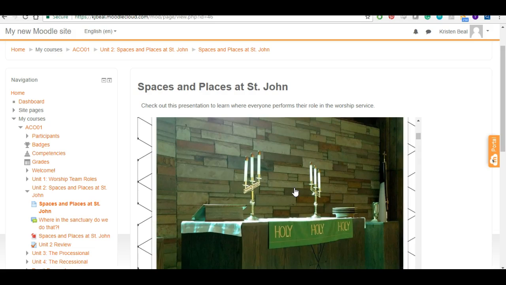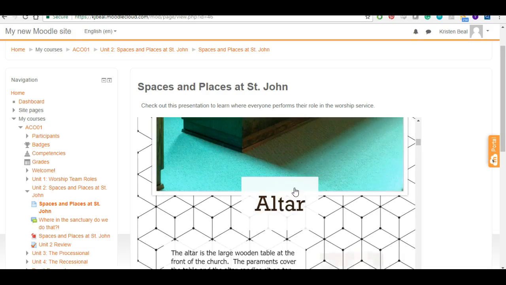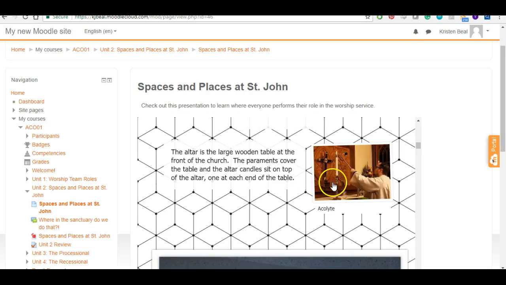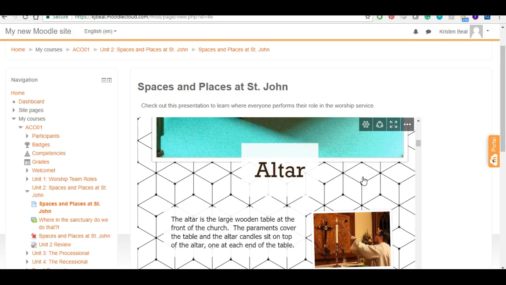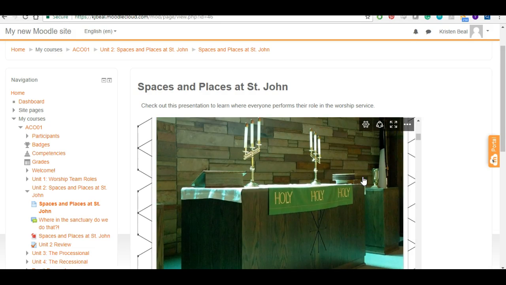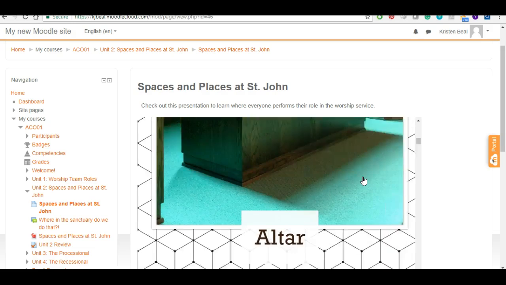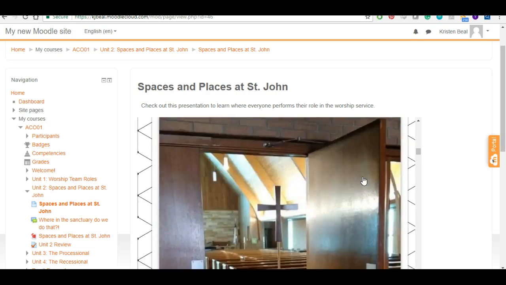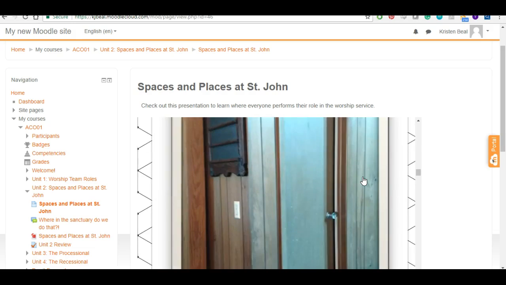It looks to me very stylized and professional, and I liked that I could use pictures of the roles near where they did their job, so that the acolytes could begin to tie together the spaces and the places with who does what where.